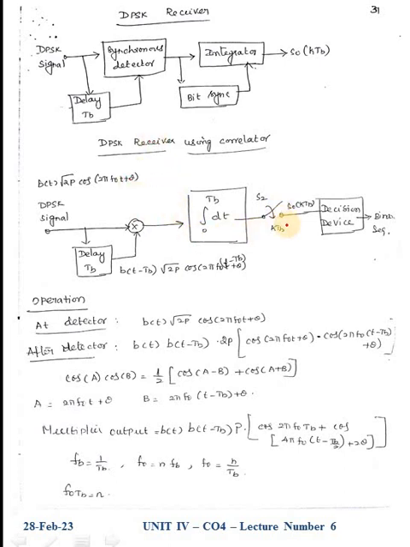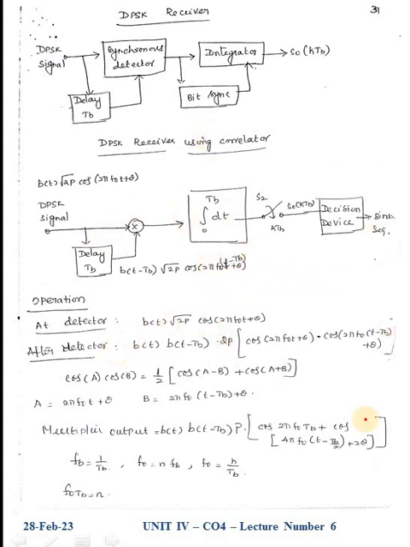The switch will be open for 0 and closed for 1. The decision device is used to compare the threshold value with the outcome of this integrator. If it is greater than that value, then the assumed bit is considered as 1, otherwise it is considered as 0. So this is the basic principle of the DPSK receiver.